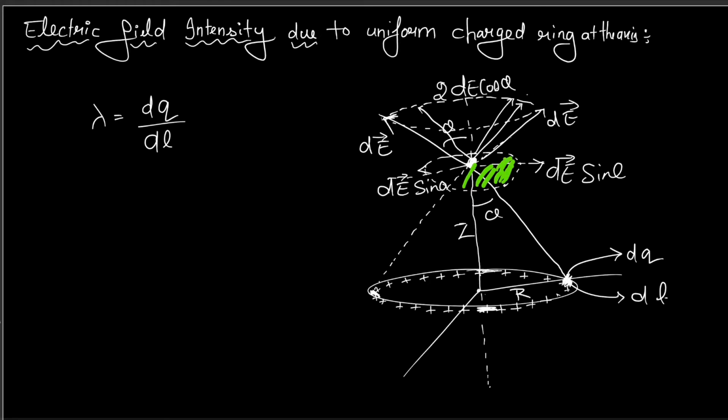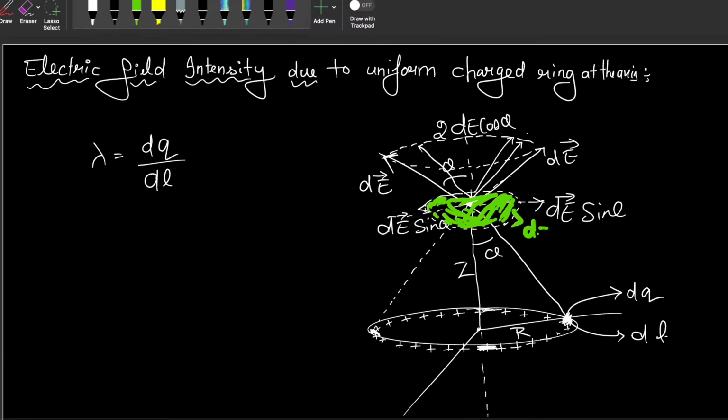This is the dE sin theta, looking like a circle below, and all the dE sin theta, you will get dE sin theta in equal and opposite directions. All the elements you will get, and then all these dE sin theta will cancel out basically.